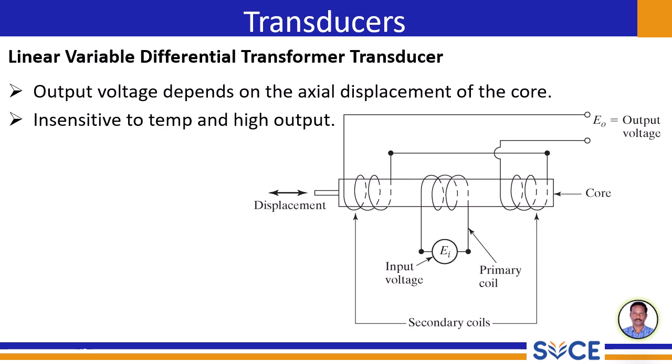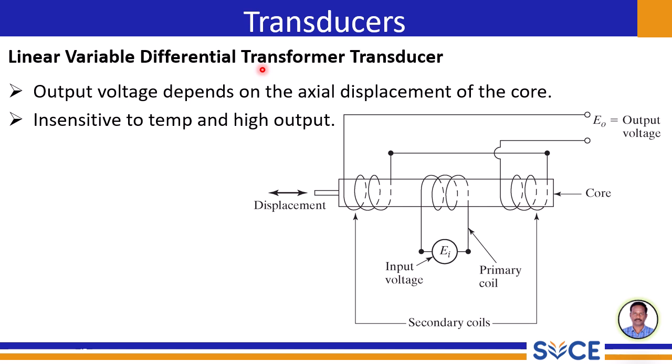At last, let's discuss another important type of transducer used for measuring vibration, particularly displacement. We are going to measure it with the linear variable differential transformer. It is a type of transformer.